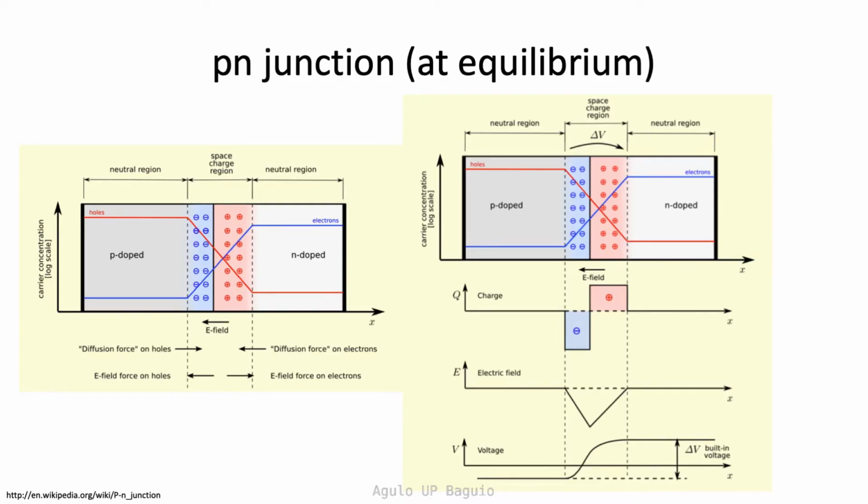Thus, this collection of charges forms a built-in voltage or an electric potential barrier. In order for any charge to pass through, this electric potential barrier must be overcome, and energy is required to do that. This combination of a p-type and n-type semiconductor is called a p-n junction.